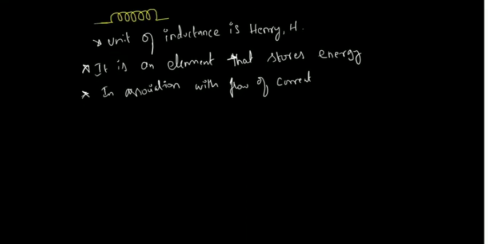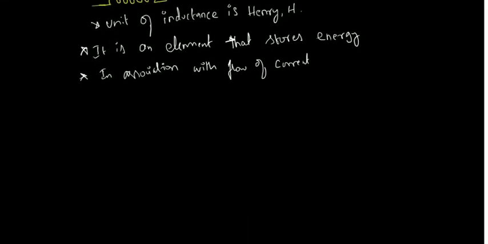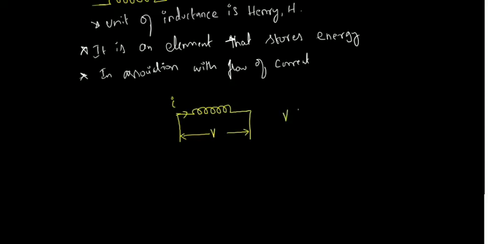I'll just draw a basic inductor here in the bottom. This is how the basic inductor looks like. V is the potential difference across the inductor, and I is the current flowing inside the inductor.